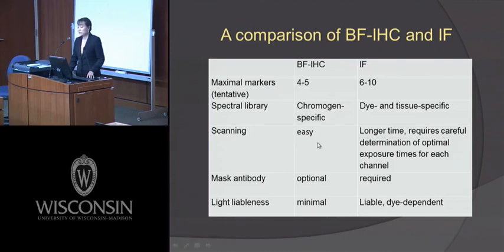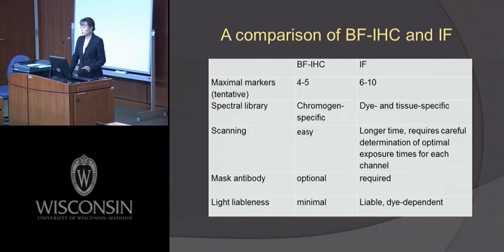For scanning, it's a lot easier to do bright field: just one scan for every dye, one exposure. However, for a fluorescent assay, you really have to spend time to determine the optimal exposure time for all the channels to achieve the best result.